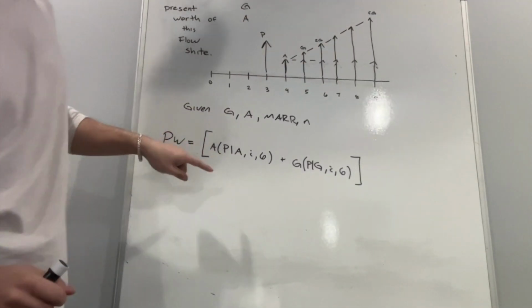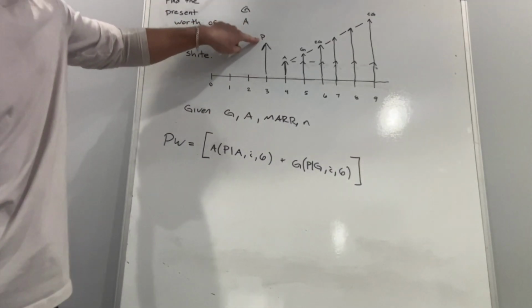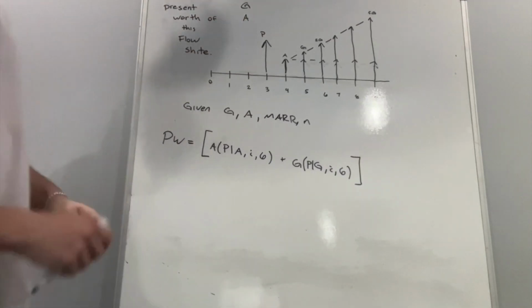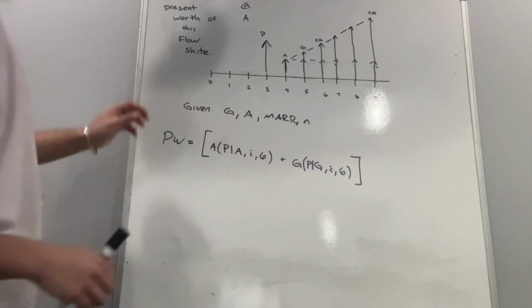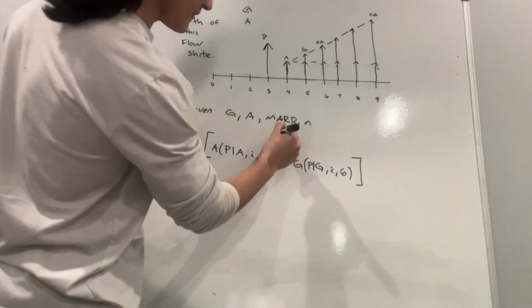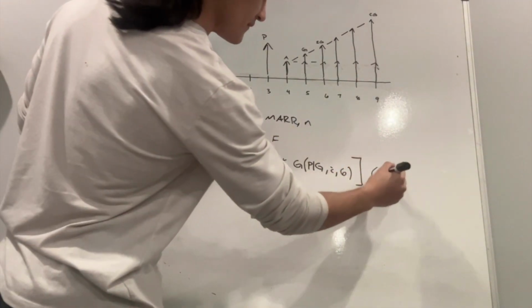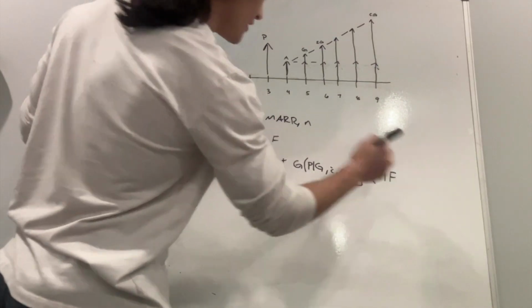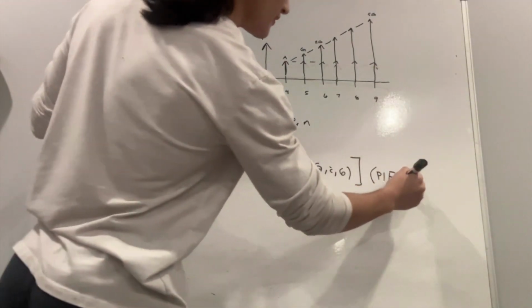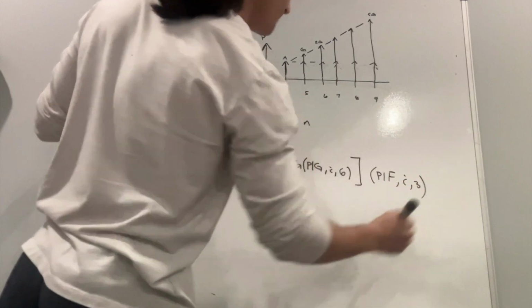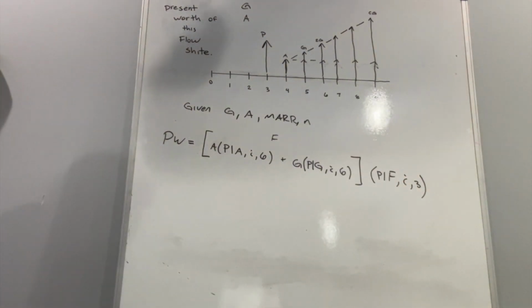And the reason I have this in brackets is because whatever this is, it's a P, but we could just say it's technically an F, so you could use whatever this F is, P given F, and bring it back 1, 2, 3. So whatever i is, and 3. And that would be the answer for whatever the present worth is.